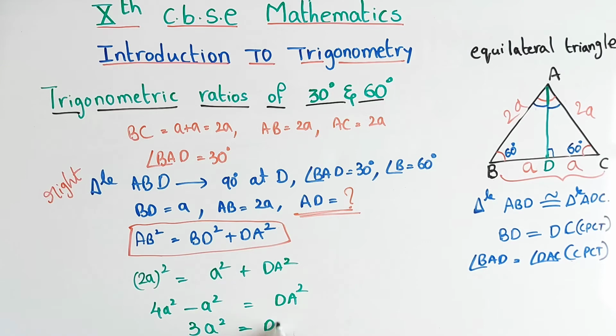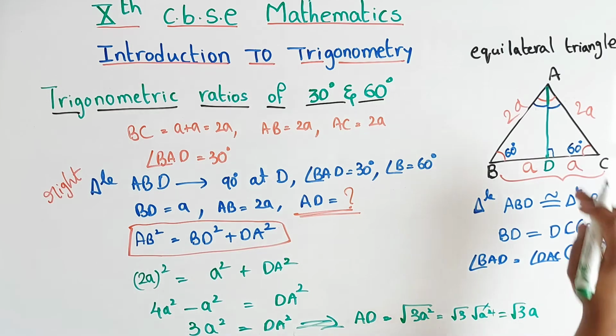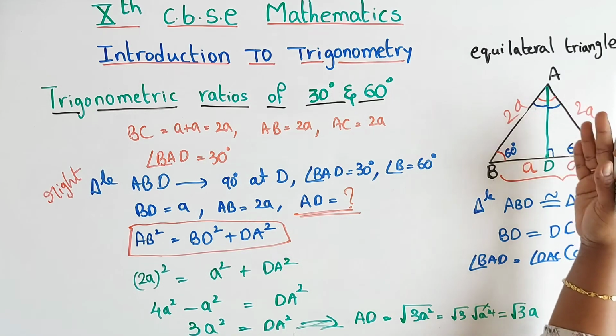This is DA square. So from this I will get AD value, root of 3A square. I will write separately root 3 root of A square. Here square and root will get cancelled. Root 3A is AD. Now we know AD measurement also.